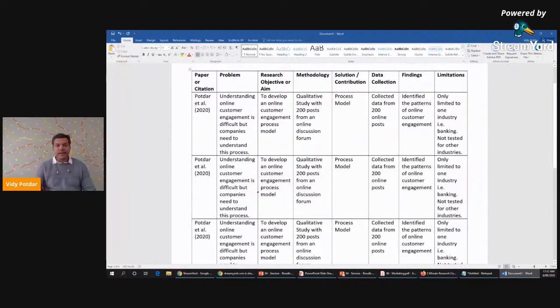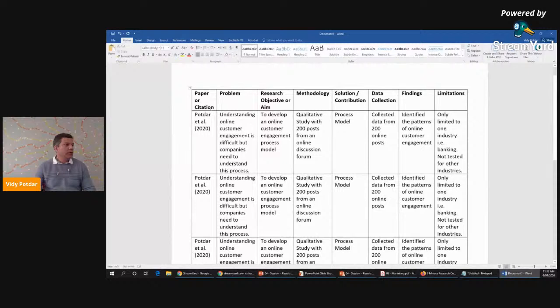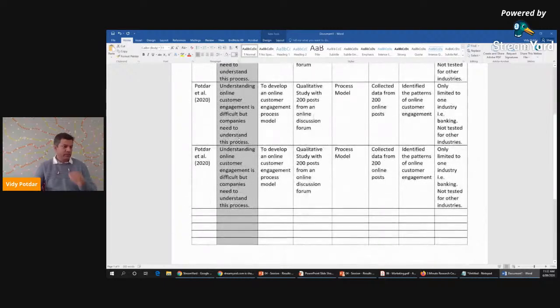One of the interesting bits you could do is all these columns that you have, they become subheadings of your research synthesis.